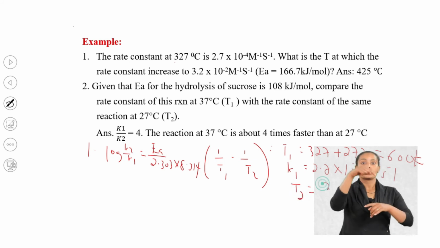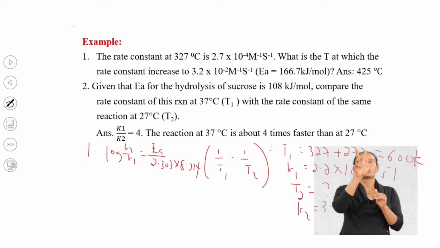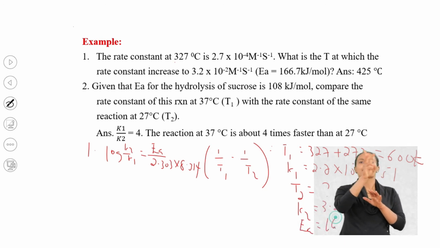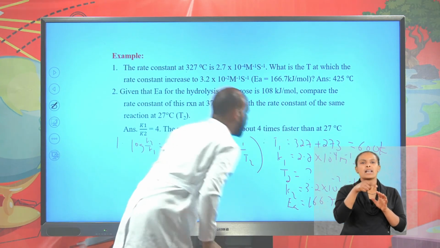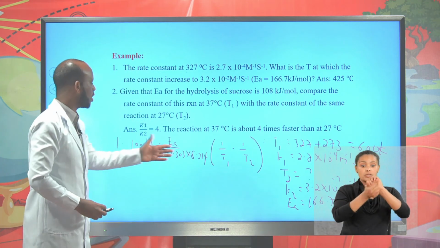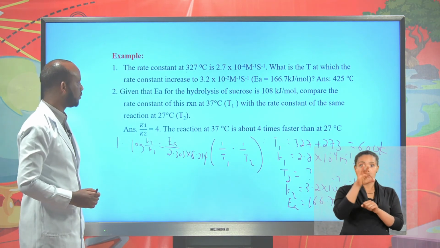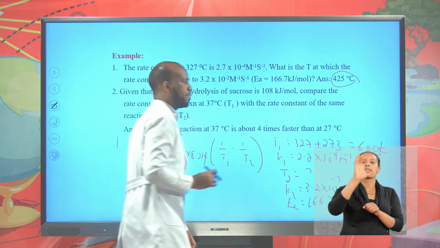The temperature T2 is unknown. K2 equals 3.2 times 10 to the power of minus 2 per molar per second. Activation energy Ea is 166.7 kilojoule per mole. Substituting these values in this equation and solving for T2, we get 425 degrees centigrade. The temperature is 425 degrees centigrade.